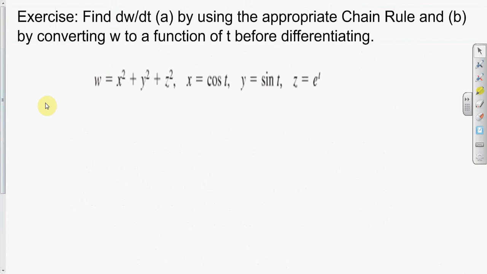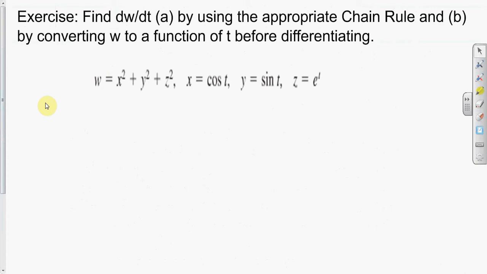So here, find dW, the derivative of W with respect to T, by using the appropriate chain rule. That's part A. So the appropriate chain rule is the formula that we just got through looking at. And then part B says by converting W to a function of T before differentiating. So part B is basically reflect back on how you took the derivative back in calculus 1.